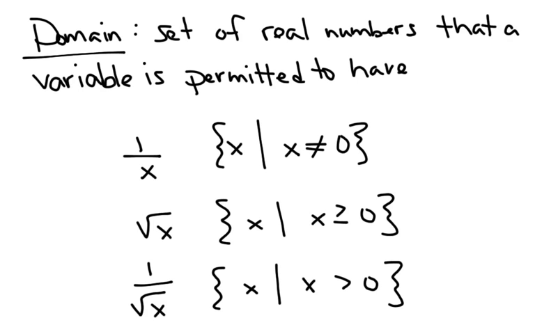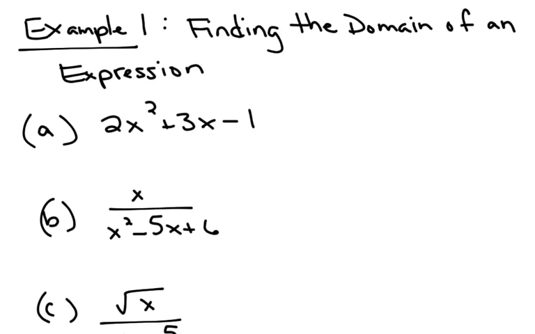It's greater than because the square roots have to be positive, and the other reason that it's just greater than 0 is because you can't have 0 in the denominator of that fraction. So here in example 1, we're going to find the domain of each of these expressions.